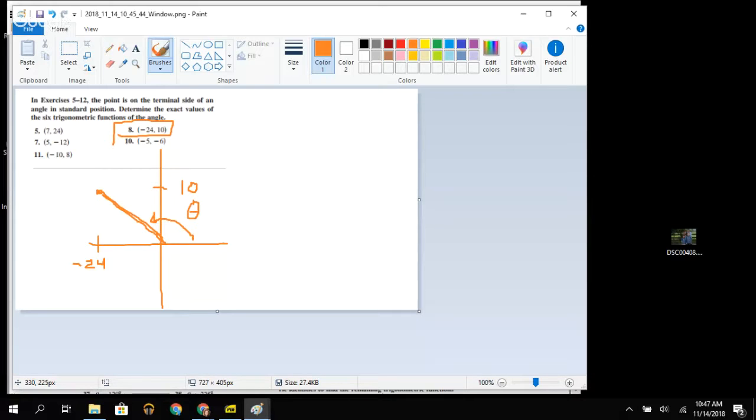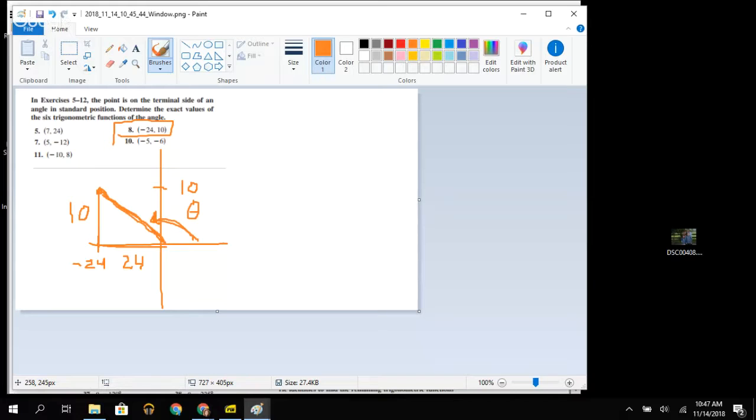I know that this is 24 units, to the negative direction, and I know that this is 10 units. I know that this is some theta.